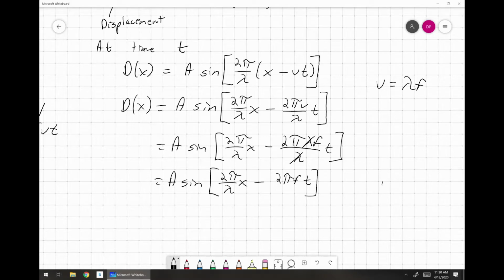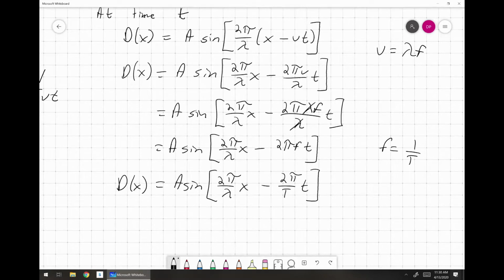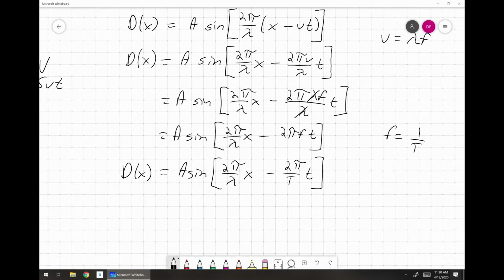But of course, our frequency and our period are just the inverse of each other, right? So we can then re-express this as A times the sine of 2 pi over lambda x minus 2 pi over the period T times t. Okay. And we can also make a few other simplifications here, right?